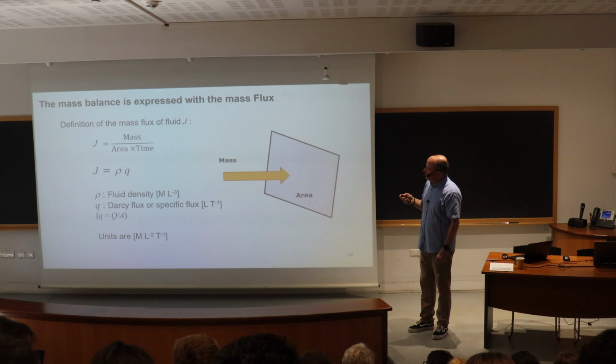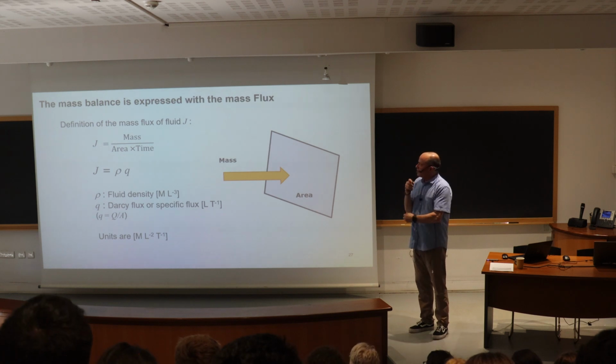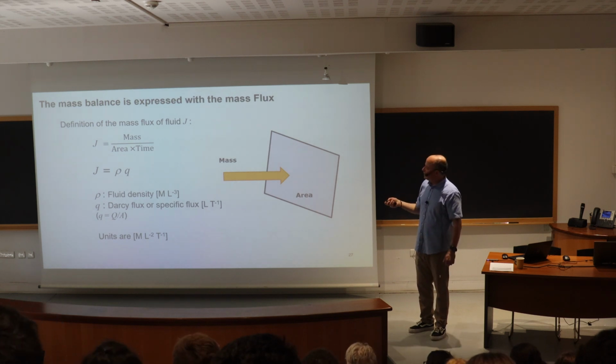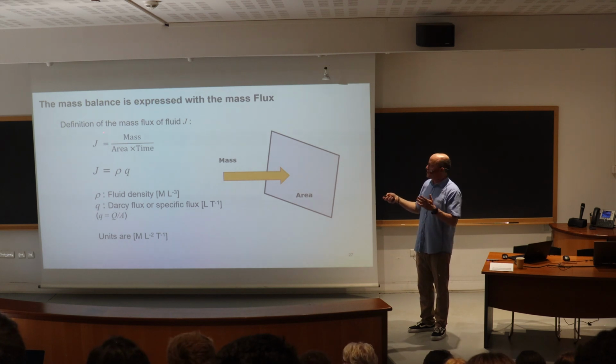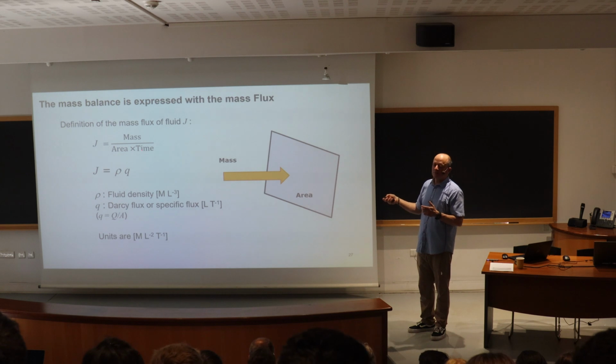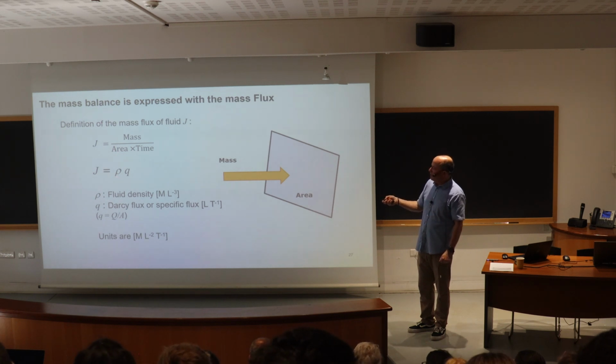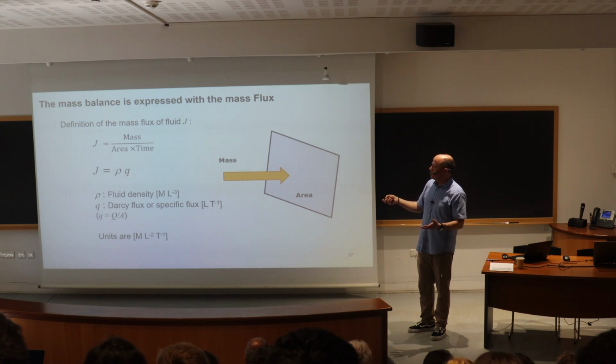So we use the definition of the mass flux of a fluid, represented by the letter J here. In words, the mass flux is the mass flowing across some area per unit time. And we define it quite simply by multiplying the fluid density rho times Q, the Darcy flux or specific flux.